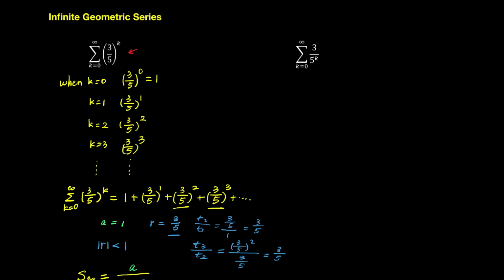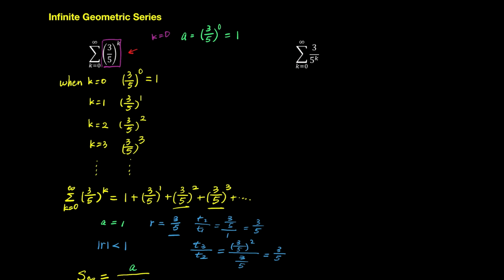Well, the first term of the series always corresponds to the value of this expression when the variable k equals its starting value. Here, the starting value is 0. To find the term a, we simply substitute k equals 0 into this expression. Then we have the first term, which is 1.